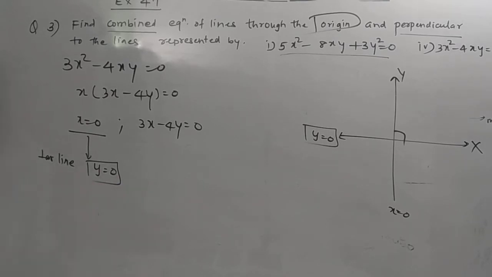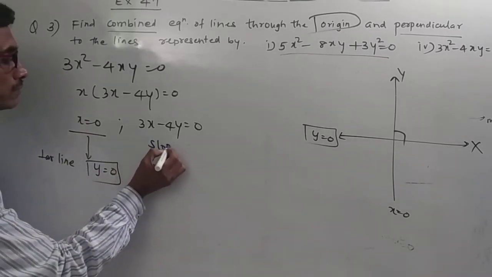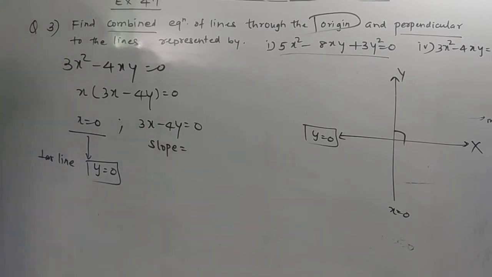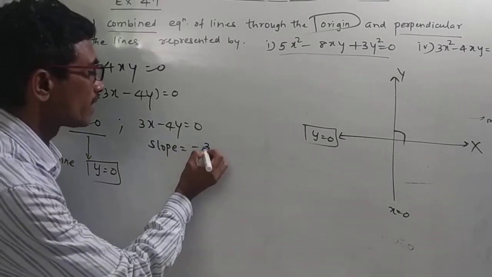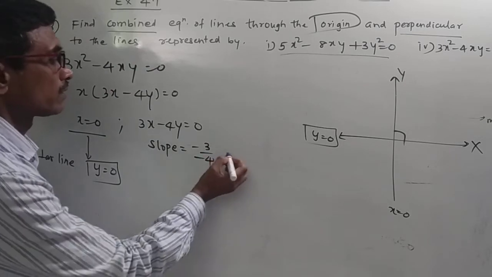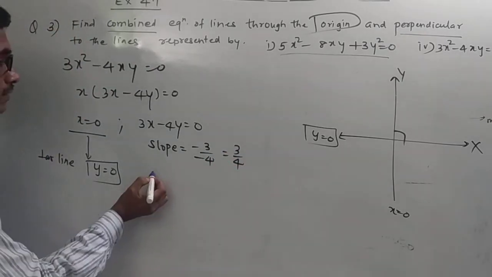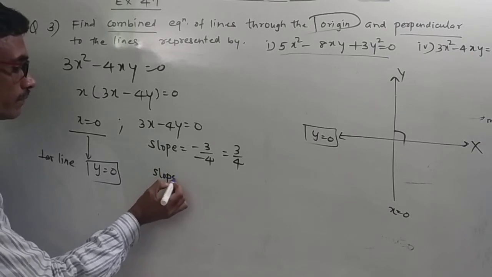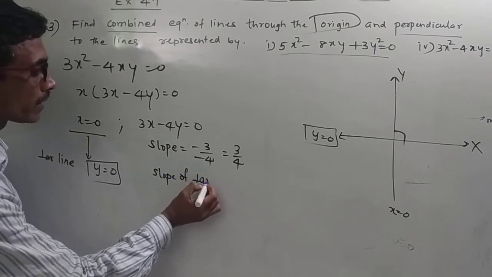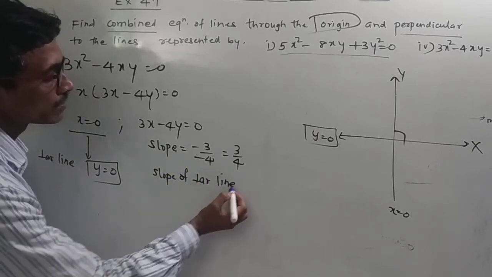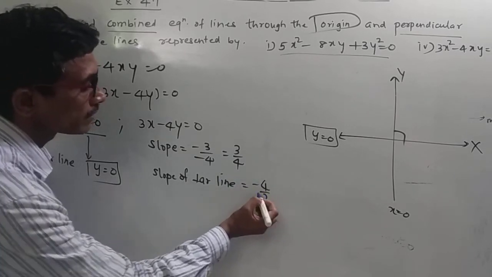This is our one line. Slope of this line is equal to minus a upon b, which is minus 3 upon minus 4, that is 3 by 4. Now perpendicular to this line, slope of the perpendicular line is equal to minus 4 upon 3.